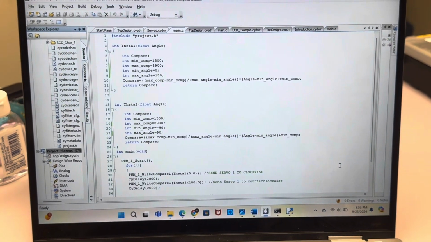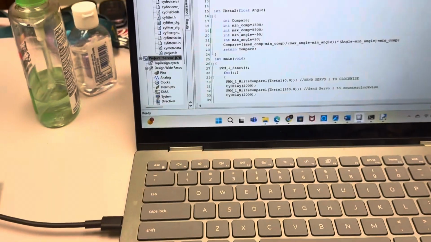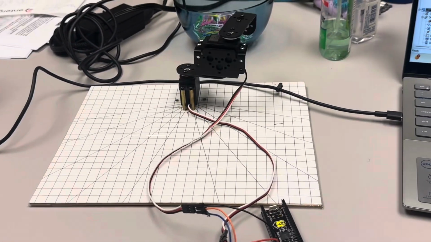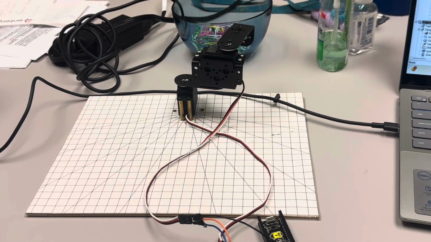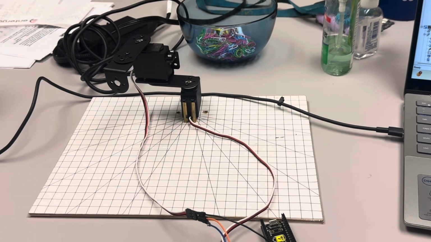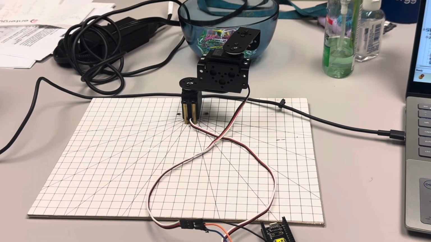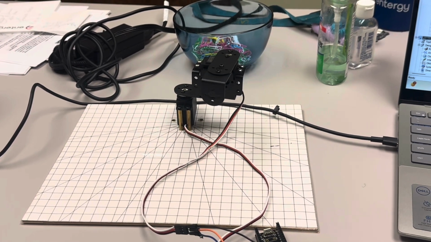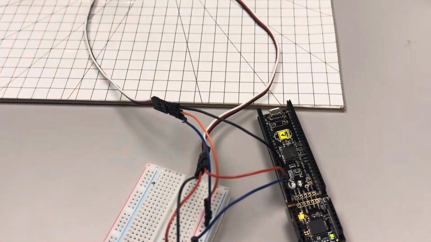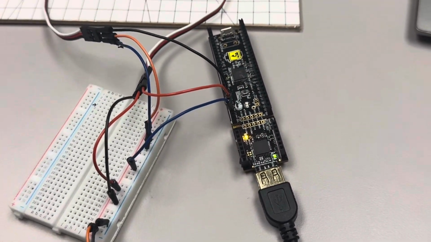After plugging in the PSOC and giving it power, the servos are moving, as you can see. Servo 1 is moving from 0 to 180, and servo 2 is moving from -90 to 90. Moving on to the pin configurations.